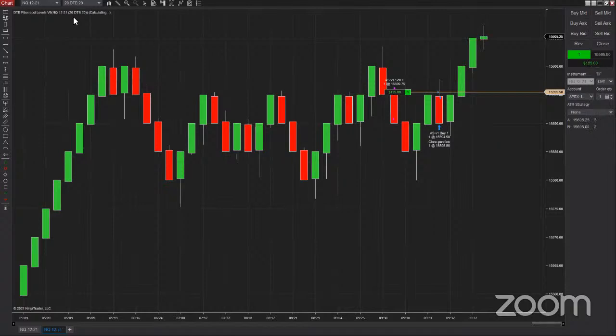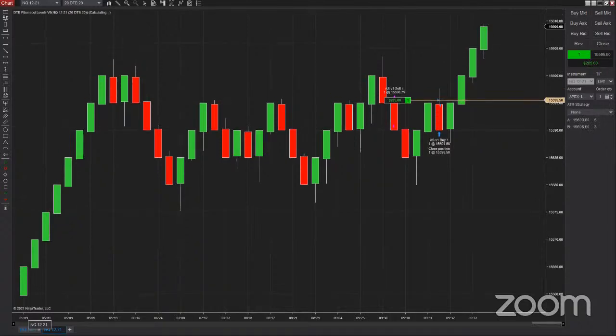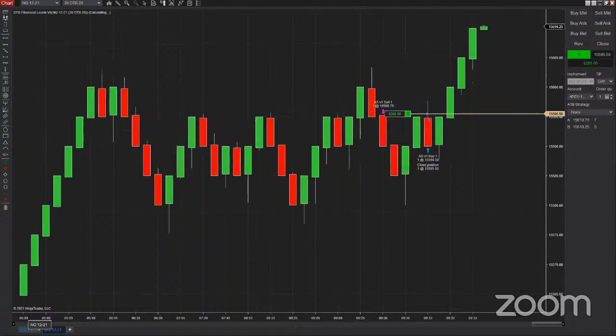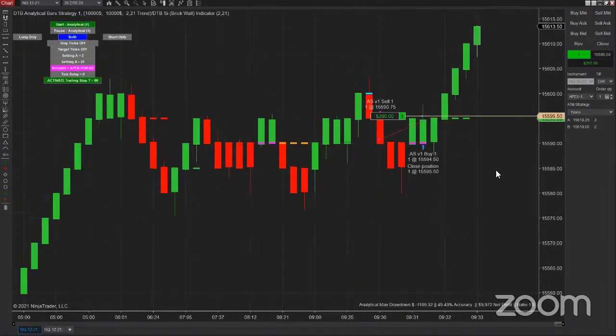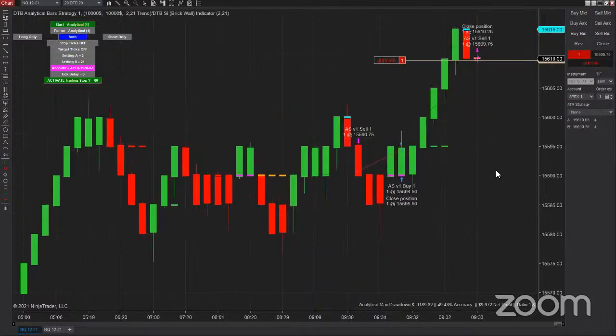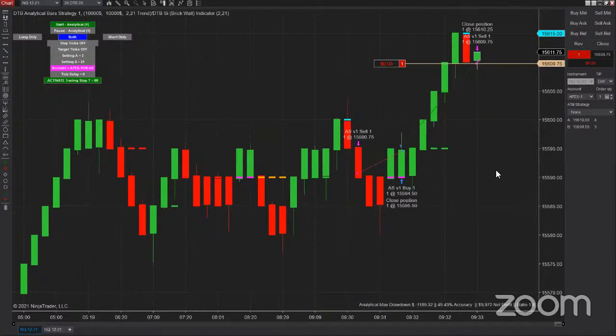You know what the problem is? The Fibonacci levels indicator is still loading. That's probably why it is lagging a little bit on my side. So try to get the indicator loaded before you start your strategies and your charts. Hopefully that'll be better. Okay, so now we've had a sell signal.